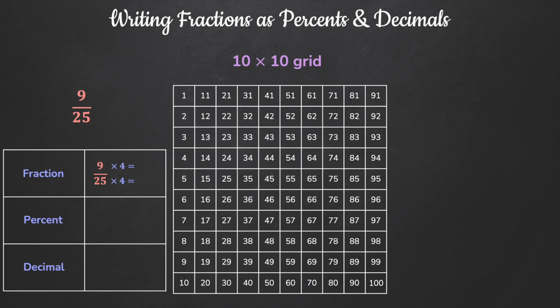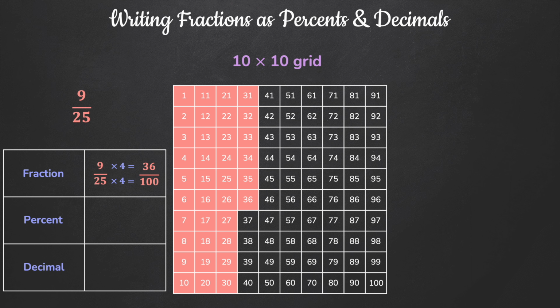So 9 times 4 is equal to 36, and 25 times 4 is equal to 100. So 9 over 25 is equal to 36 out of 100. So that means that is the same as 36%. And then as a decimal, that would be 36 hundredths.